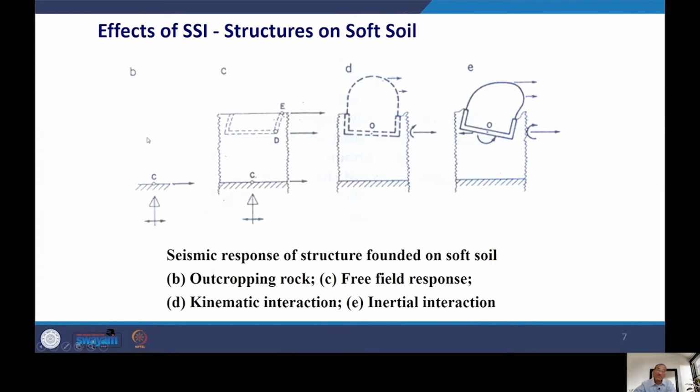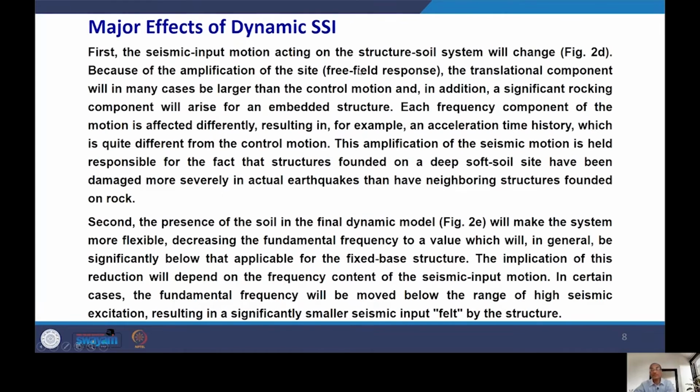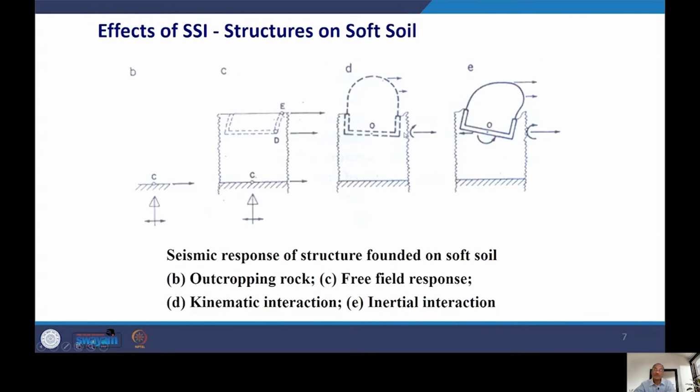These effects of soil can be described in 3 steps. Firstly, the seismic input motion acting on the structure-soil system will change, that is figure D. The motion acting at the soil structure interface shown in this figure will be changed and will be different from the control motion.